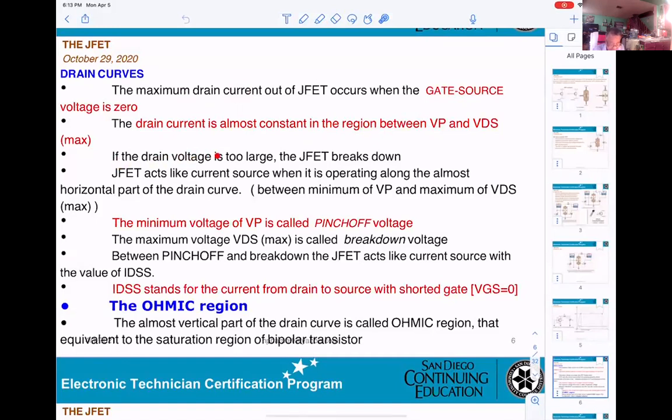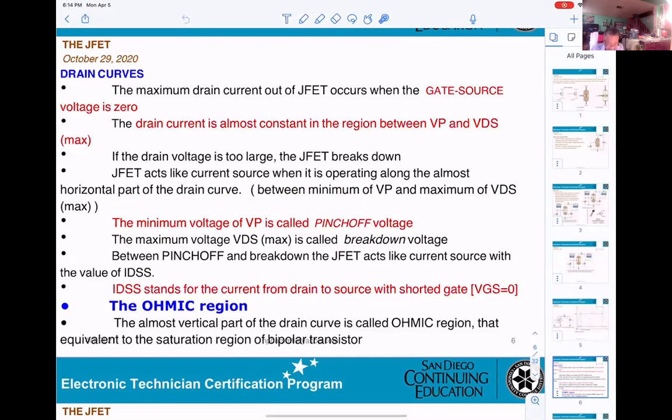If the drain voltage is too large, the JFET breaks down. The JFET acts like a current source when it's operating along the almost horizontal part of the drain curve, meaning between VP and VDS maximum. The minimum voltage VP, they call a pinch off voltage. VP stands for pinch off voltage. The maximum voltage VDS max, they call a breakdown voltage.